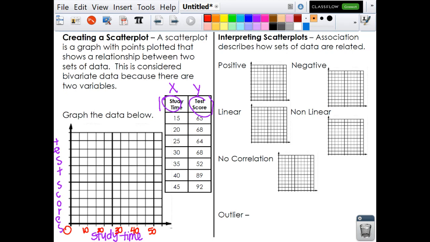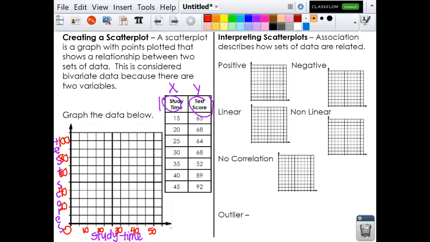So, what do you think we should count by on test scores? 10s. 10 sounds great, because we know pretty much that the highest grade you're going to get on a test is a 100, unless you got lucky and got bonus points or something. Does anybody have questions on how we did this part?